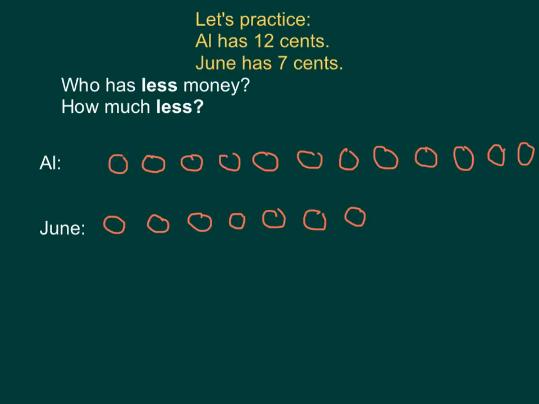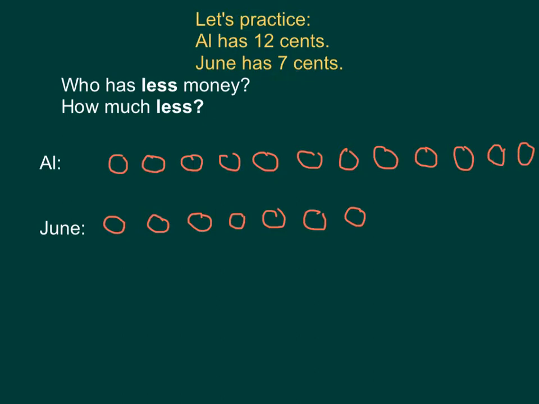So the first thing that I did, boys and girls, is I drew a picture. Now you could do this by drawing a picture, which I did for the video, or you could just put pennies out on your desk in a row. So I looked at my problem and it said Al has 12 cents. So I put down Al's name and I drew 12 pennies. 1, 2, 3, 4, 5, 6, 7, 8, 9, 10, 11, 12.